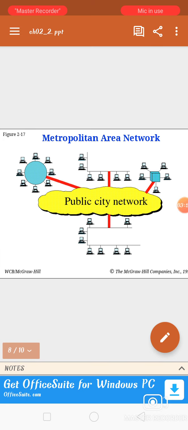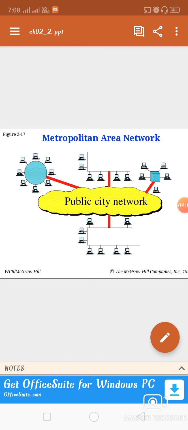Next, metropolitan area network. In a metropolitan area network, n number of computers in different areas are connected by a common network. For example, let us consider Erode city. Here we may have different districts.